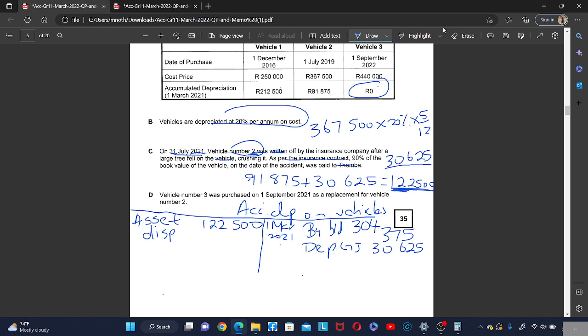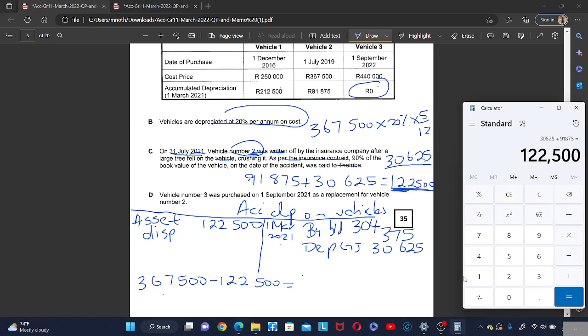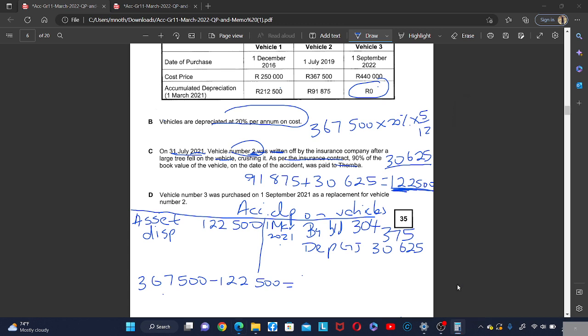So to get the book value, you see 307,500 minus 122,500 is equal to 245,000.